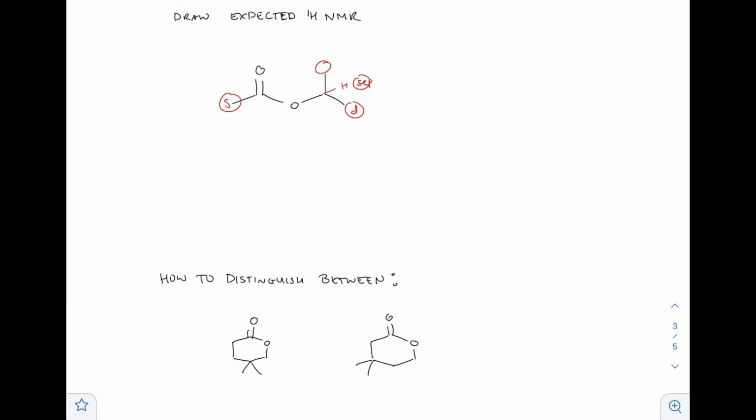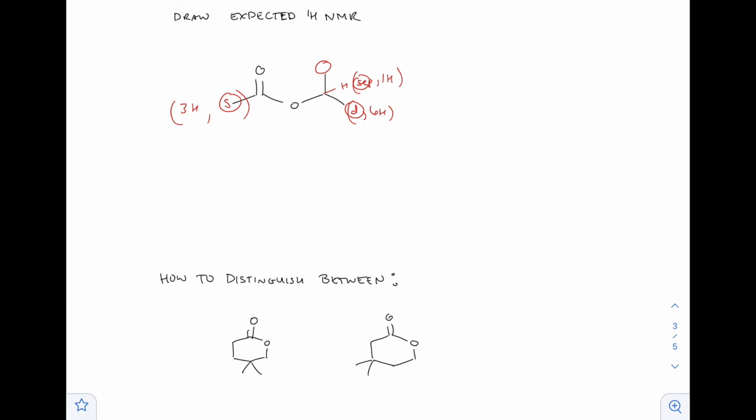But that doublet is going to be 6 hydrogens, right? This is going to be a septet, and that's 1 hydrogen. And that's a singlet, and it's 3 hydrogens. Okay. Now, where do they show up?